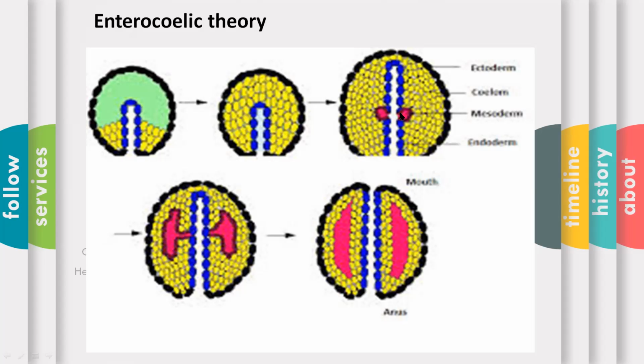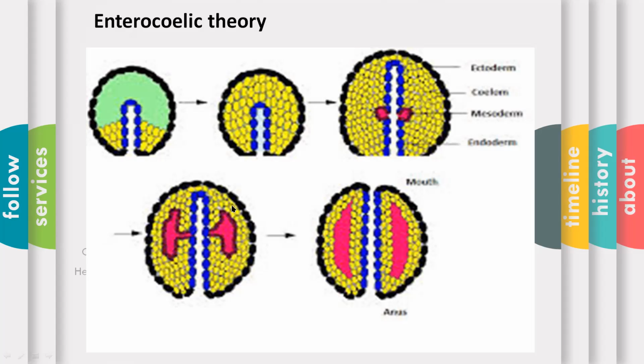The mesoderm is arising. The blue cells, that is the archenteron, are out-pushing into the mesodermal cells. These pockets are called the enteric pouches. The enteric pouches keep on growing, as you see in the next diagram.